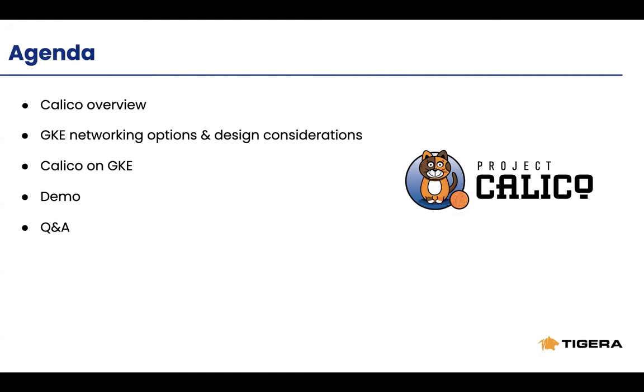The examples will include Calico open source policies and a few examples for Calico Enterprise, some of the features that are attributes of Calico Enterprise. And then we'll dive into Q&A.